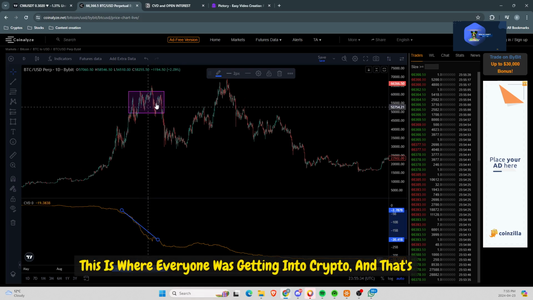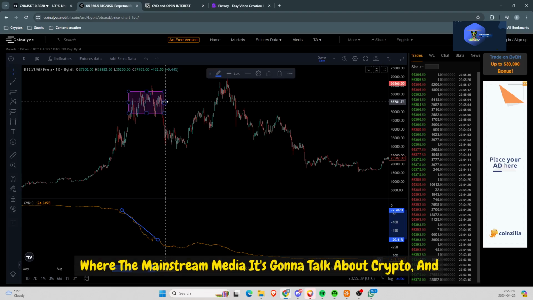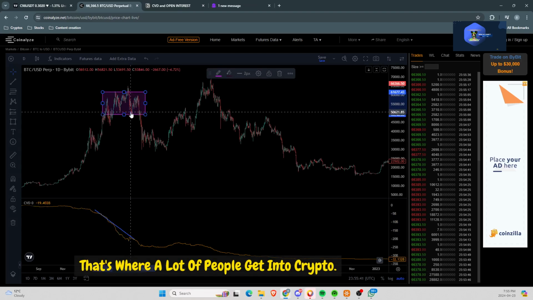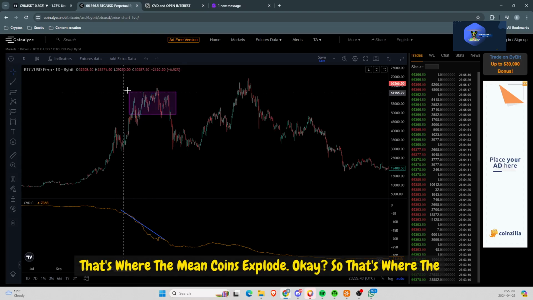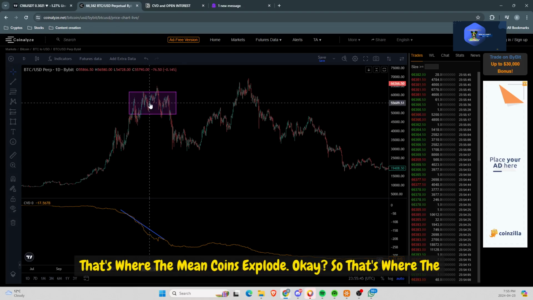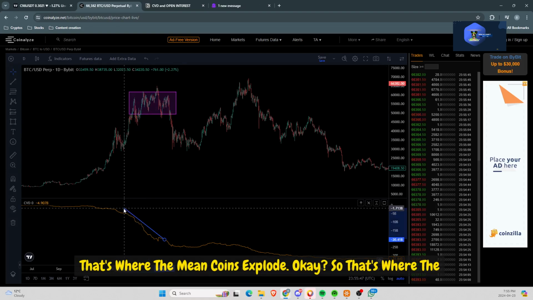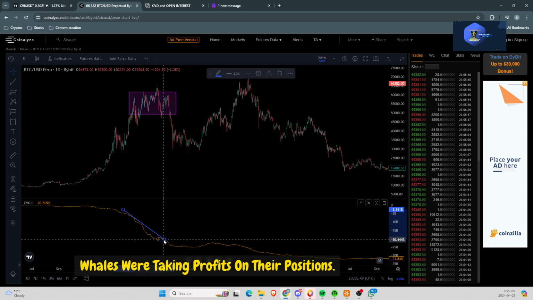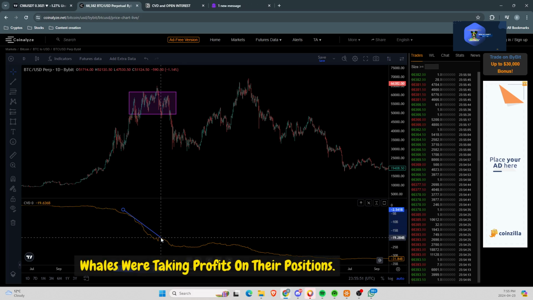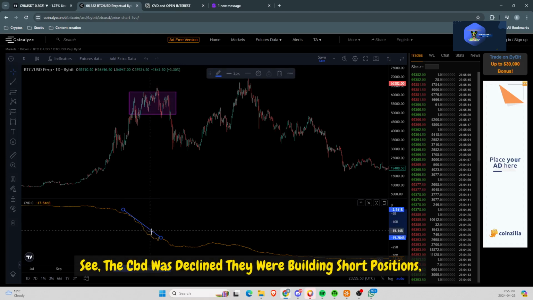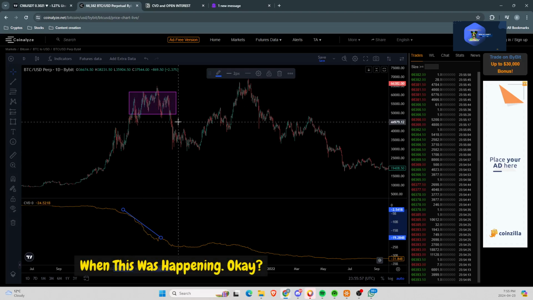This is where everyone was getting into crypto, and that's where the mainstream media is going to talk about crypto, and that's where a lot of people get into crypto. That's where the meme coins explode, okay? So that's where the whales were taking profits on their positions. See, the CVD was declining.